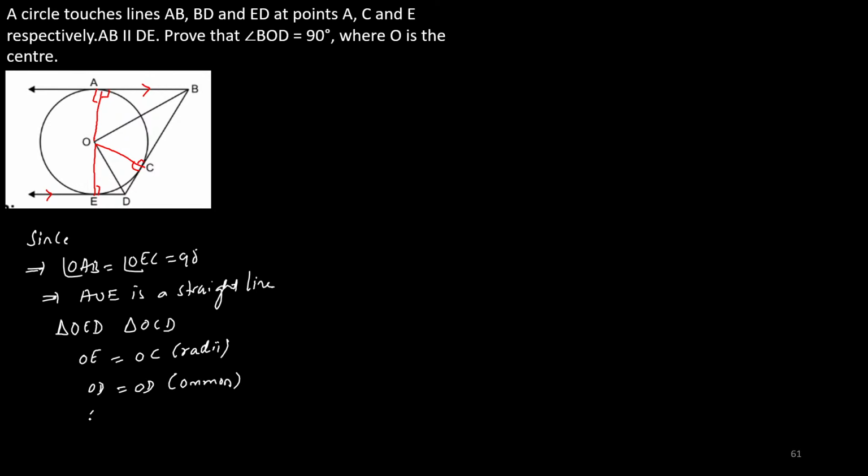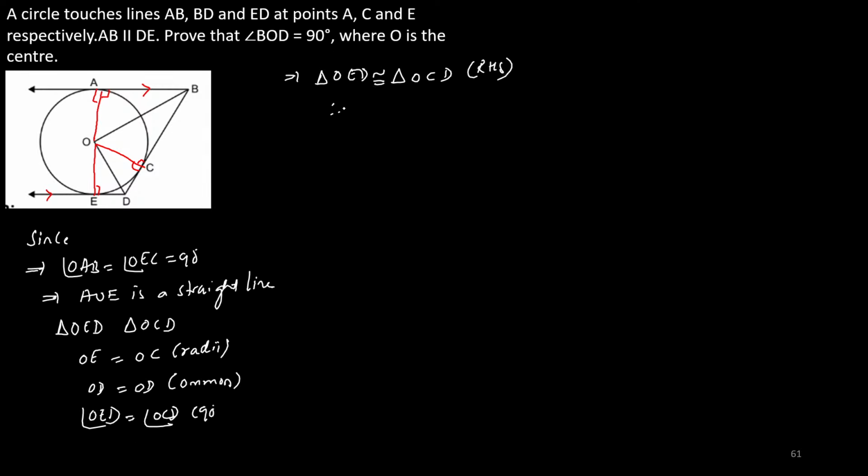Then I can say angle OED is equal to angle OCD, they both are 90 degrees. So that implies triangle OED is congruent to triangle OCD, that is RHS congruency I get.